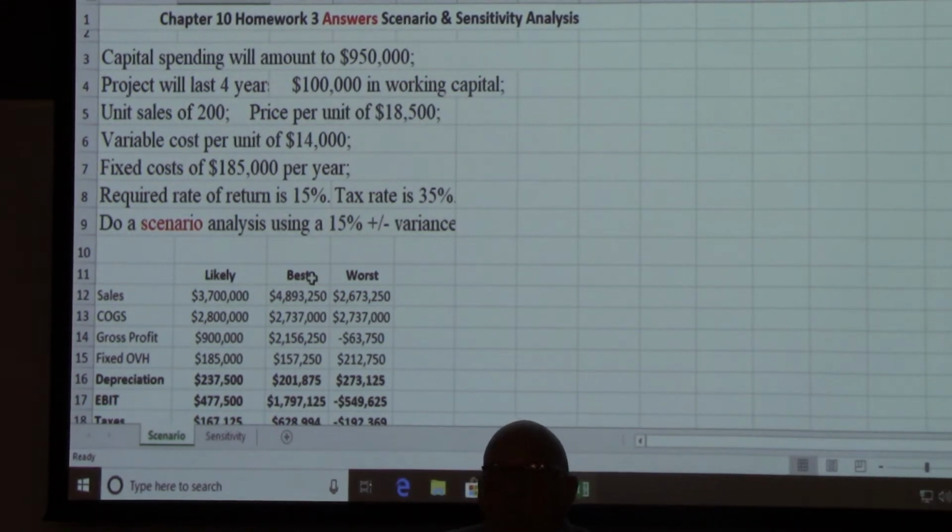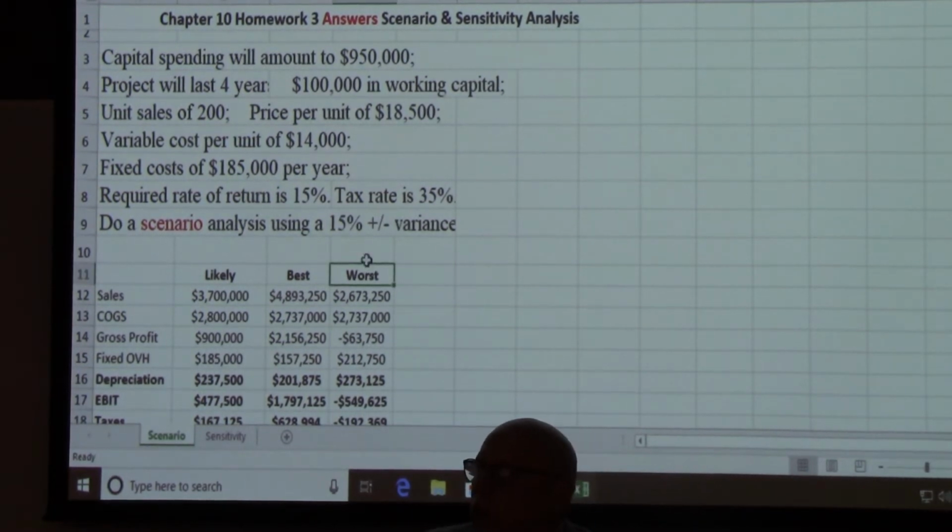That means unit sales are higher, or prices per unit are higher, and/or cost of goods sold, variable cost per unit is lower, fixed cost lower, the amount of property, plant, and equipment you need lower. So your revenues are higher and your expenses are lower under best case. Flip that for worst case.